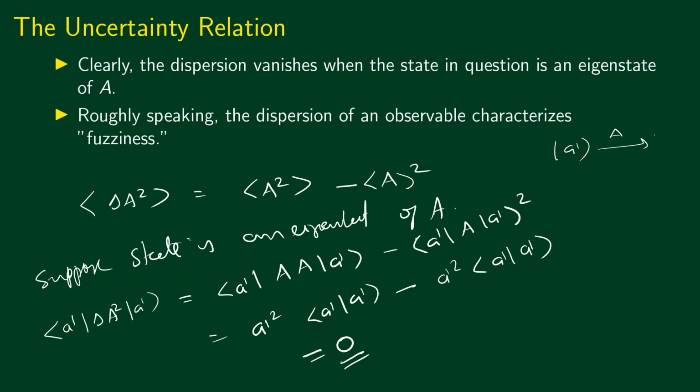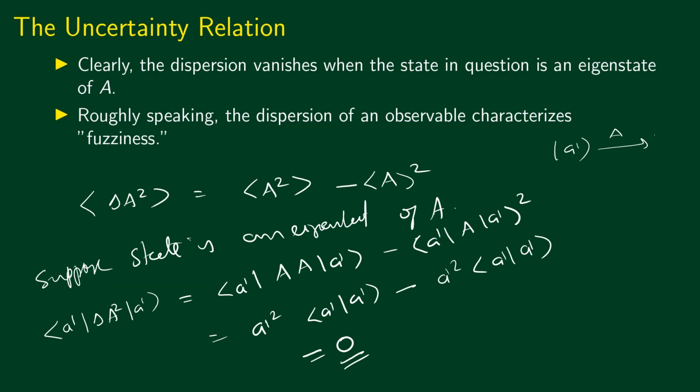There's no superposition here with respect to the eigenkets of A. So if I start with an eigenket of an observable and measure that same observable on that state, you're sure to get the eigenvalue A prime with probability 1. When we say that we are sure, it means that it has probability 1. So there's no uncertainty here.